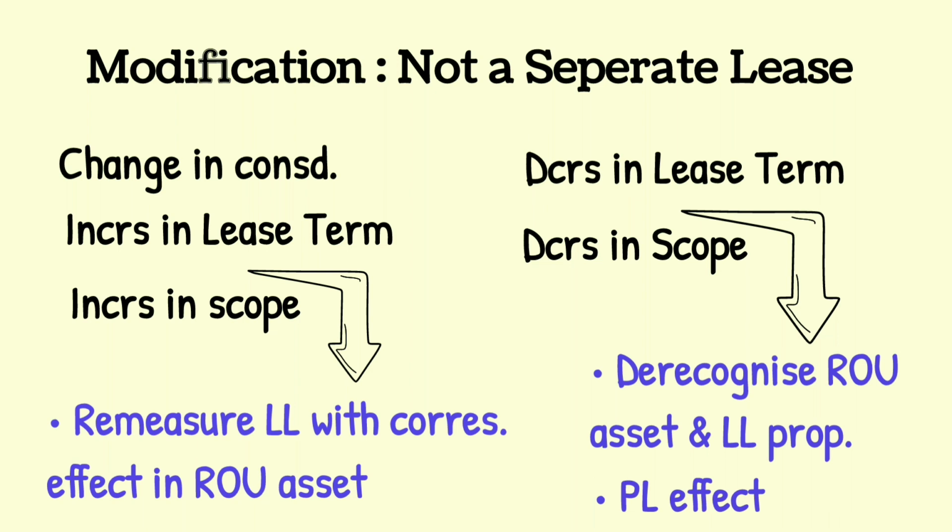For a better understanding of this concept, sums need to be solved. Also, there is an important illustration given in the ICAI material where there is a modification in which there is both an increase and decrease in the scope of the lease. I guess illustration 37, solving that question, will help give more clarity on this concept.